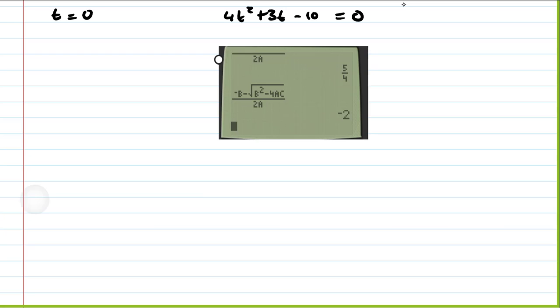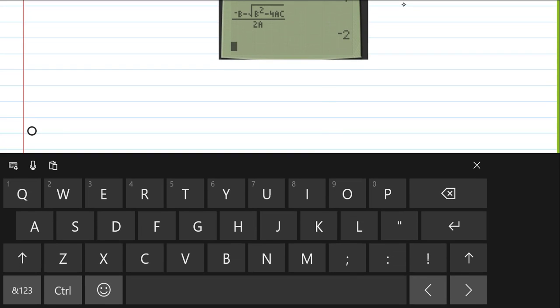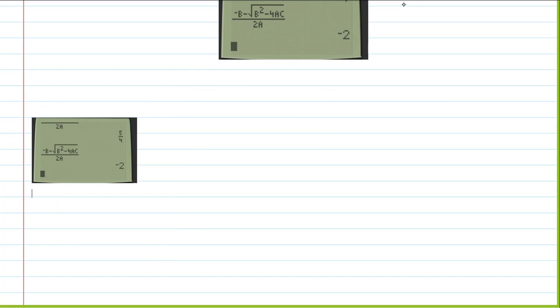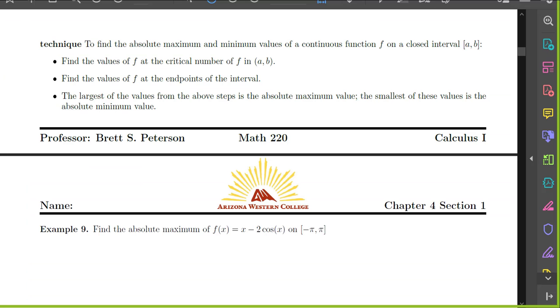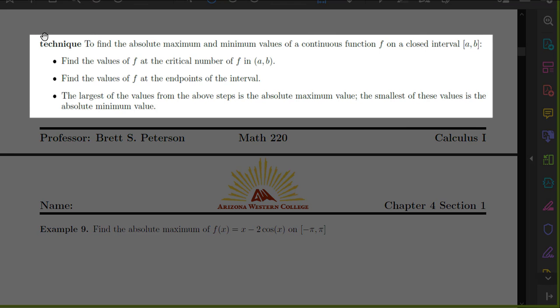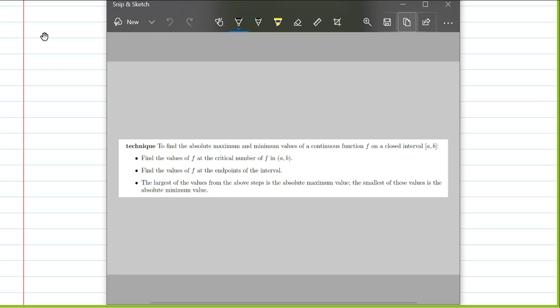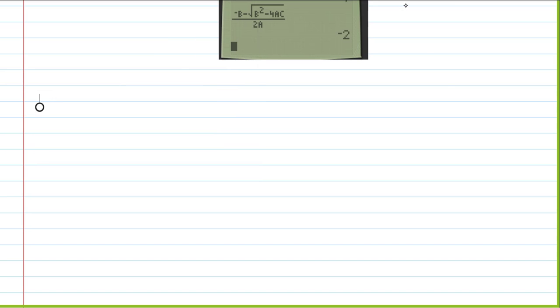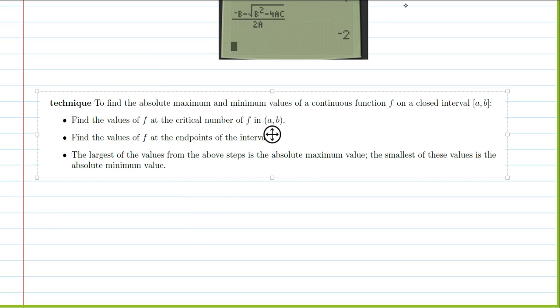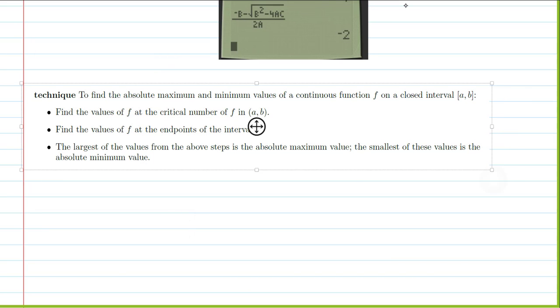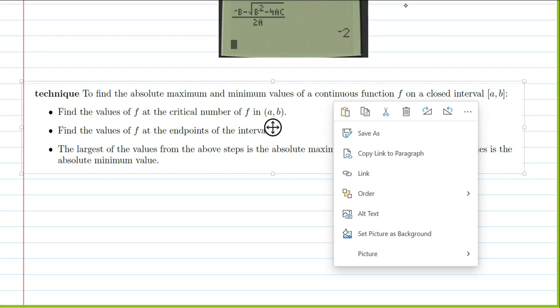All right, the next thing is, well then, how do we find absolute maxes and absolute mins? Well, we have a technique or a process or an algorithm, whatever you want to call it, to find absolute maxes and absolute mins if we have a continuous function on a closed interval.